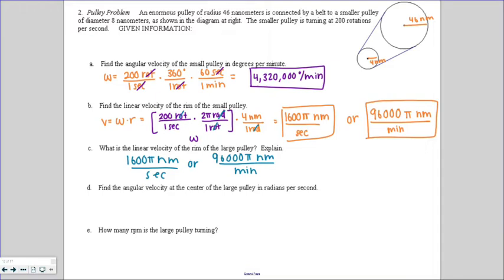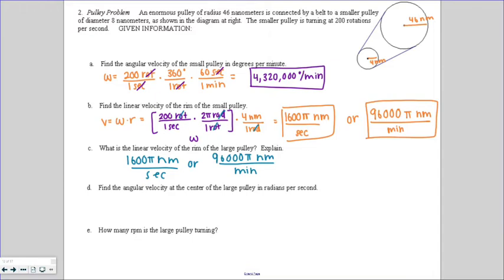So then when we get to part B, you might have done this differently if you did it, okay? You guys definitely did it in the back differently. I used 200 rotations per second and then converted that into radians. This whole thing in the brackets together then, that gets us the angular velocity that we're allowed to use in the equation. Remember, we're not allowed to use angular velocity if it's not in radians.